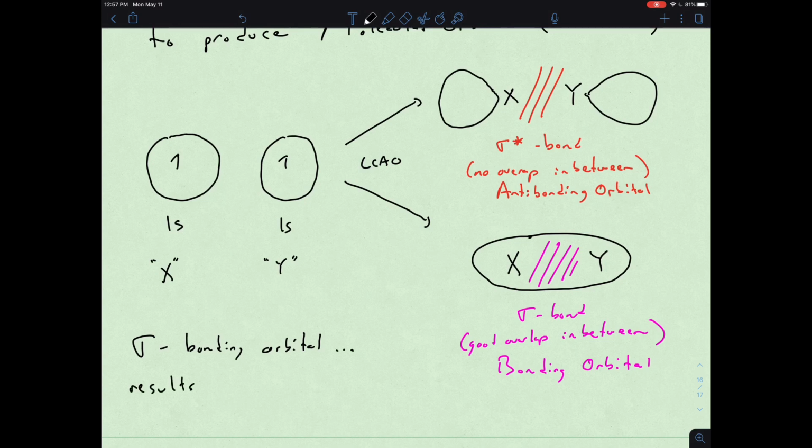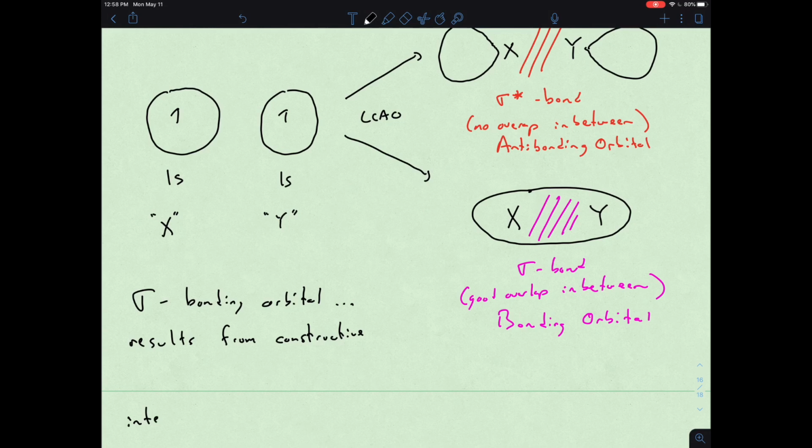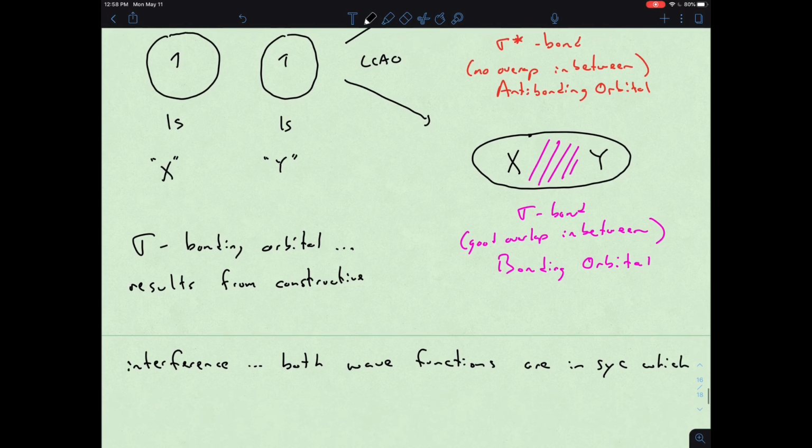Remember, this is going to result from constructive interference. Both wave functions are in sync, which results in a lowering of energy.